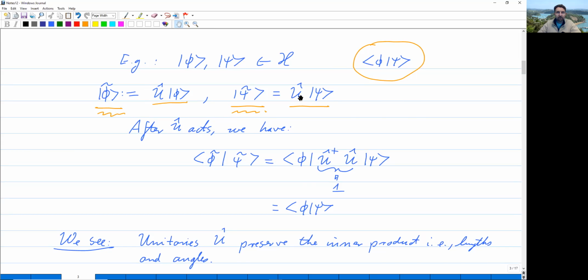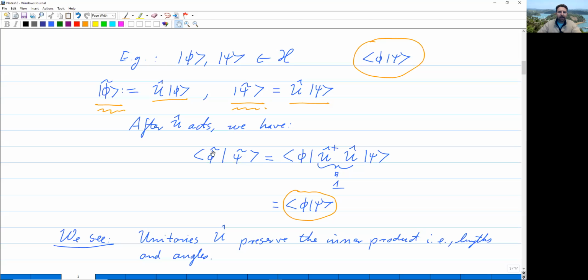And the psi tilde is u hat psi, so it's all of this. And now we notice, aha, we have that u hat dagger u hat is the identity, and that means that we just get back the original scalar product. So in fact, the unitaries are those maps that preserve the inner product on complex Hilbert spaces. They preserve the lengths and the angles.